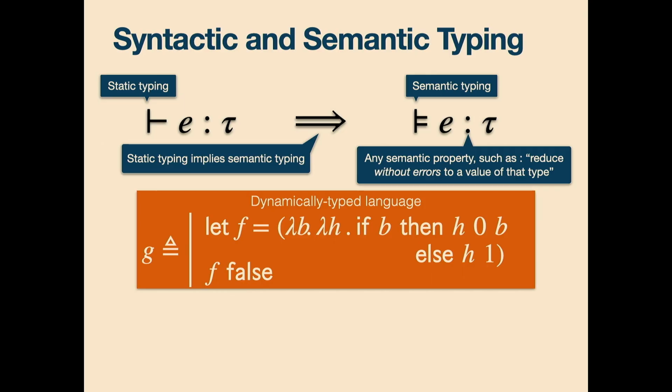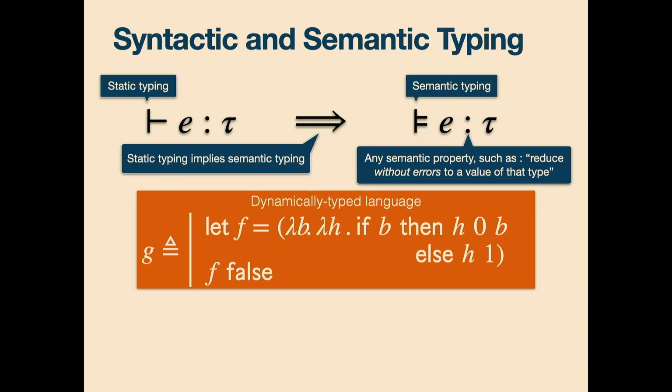So now suppose you have a dynamically typed language. In a dynamically typed language, we have this program G, where in G we define this function f, which is a function that takes two arguments. The first one is a Boolean, or b in this case, and the second one is h, which we're going to use as a function. The body of the function is going to ask if b is true.